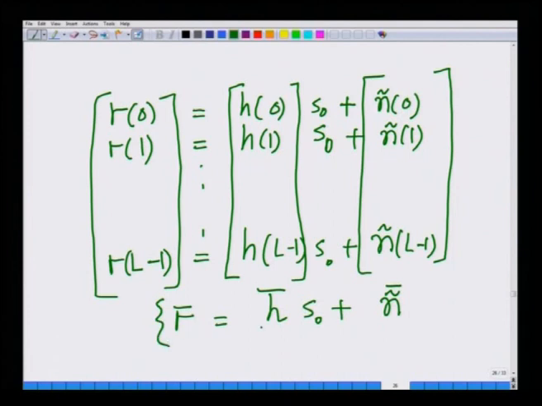Look at this, we have seen a similar system in the case when we had multiple receive antennas. Now, we have multiple paths which we are able to isolate thanks to the RAKE receiver.